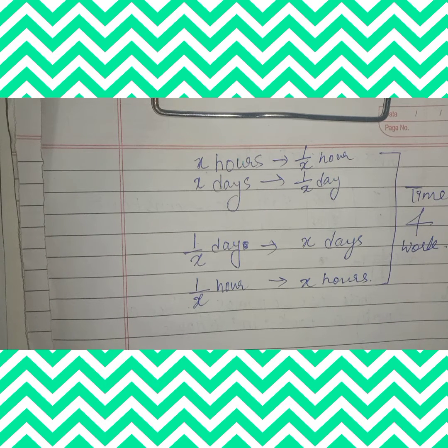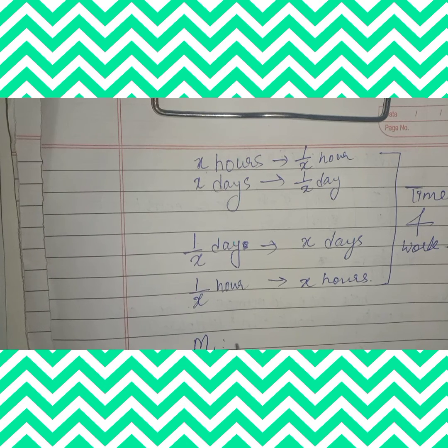Now the third rule says that if M1 men complete a work in D1 days and M2 men complete a work in D2 days, then M1 proportional to M2 is equal to D2 proportional to D1. Now I am going to tell you what exactly it is saying.